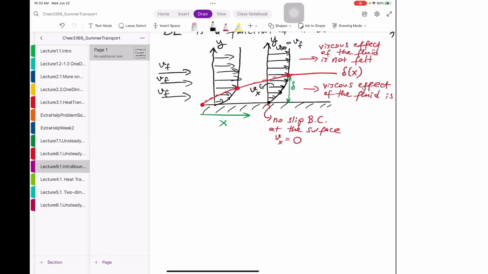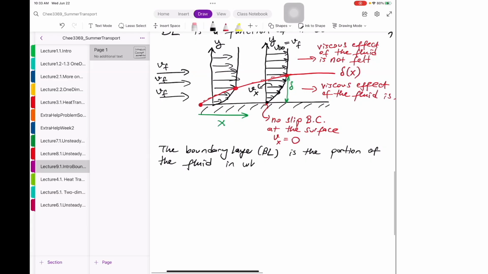And let's summarize. The boundary layer is the portion of the fluid in which, or along which, the fluid velocity changes.